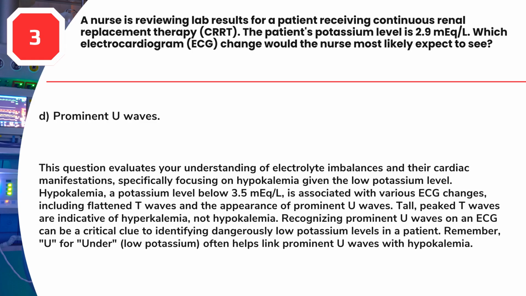Tall, peaked T waves are indicative of hyperkalemia, not hypokalemia. Recognizing prominent U waves on an ECG can be a critical clue to identifying dangerously low potassium levels in a patient. Remember, U 4 under, low potassium, often helps link prominent U waves with hypokalemia.